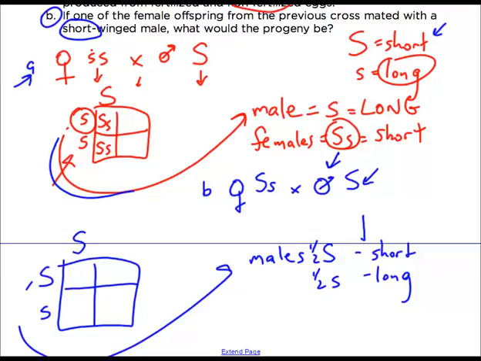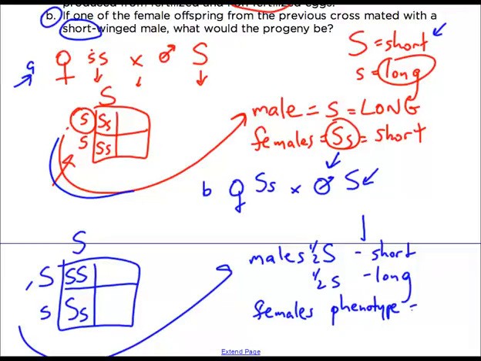The females, on the other hand, so the male is big S. That means he's going to be making sperm that are all big S. Females come from fertilization, so they could either be big S, big S or big S, little s. So females, phenotypically, aren't they all going to be short because they both have a big S?